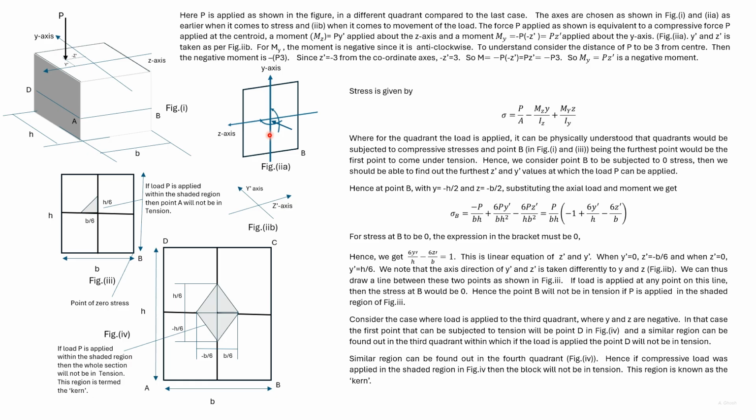But if we consider the y-axis and the moment vector direction, then the moment vector direction does not coincide with the positive y direction. As a result, the moment associated with the z-axis is positive, but the moment associated with the y-axis is negative.